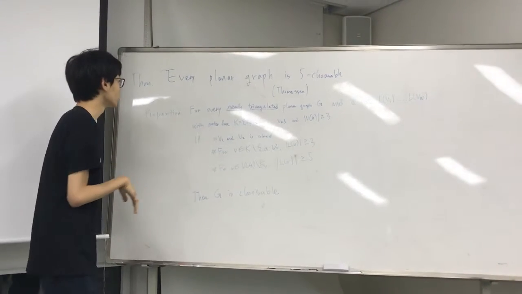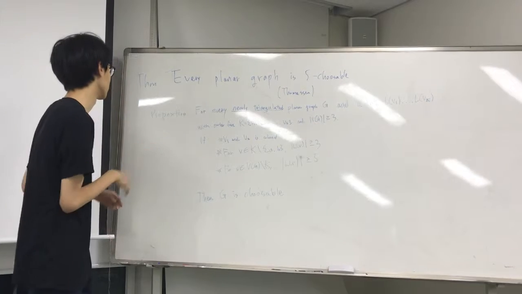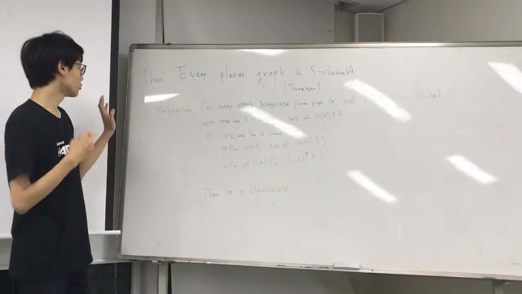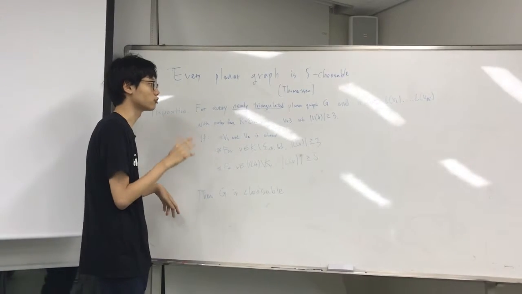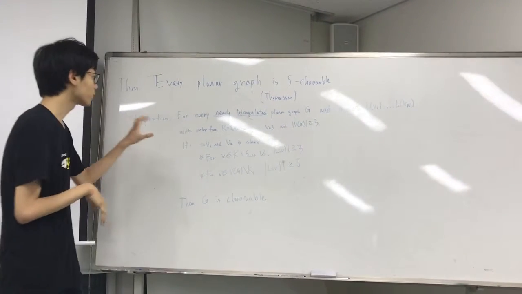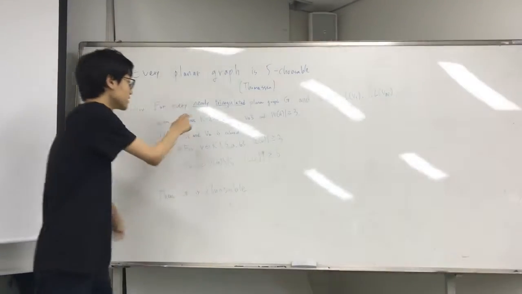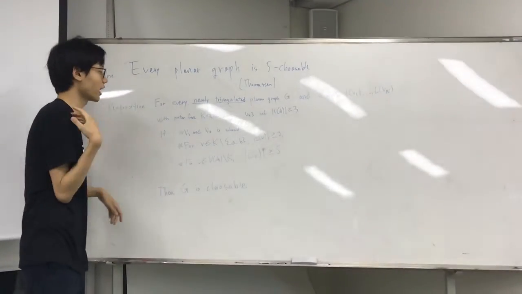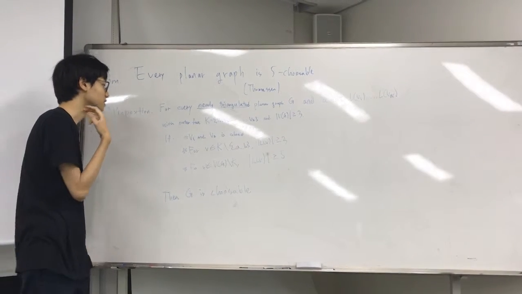For proving this, we are using a trick for induction. So we'll make a proposition: for every nearly triangulated planar graph G and lists with outer face v1, v2, ..., vk in cyclic order, and we also assume that the number of vertices of the graph is at least 3.